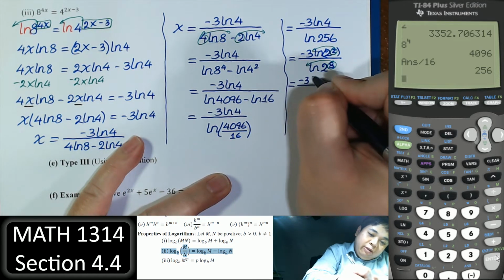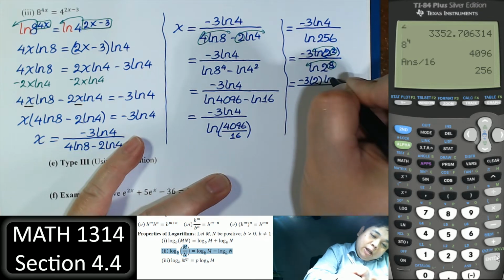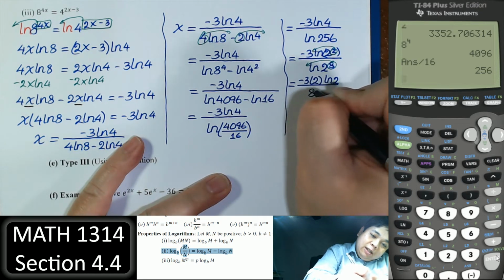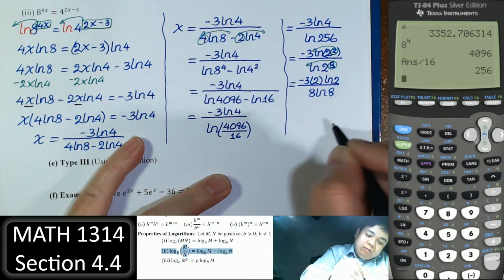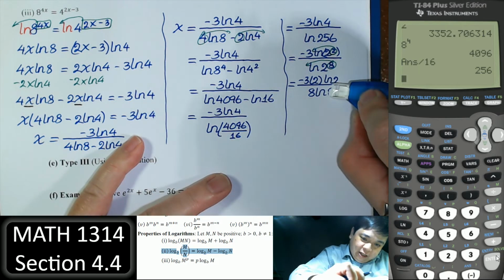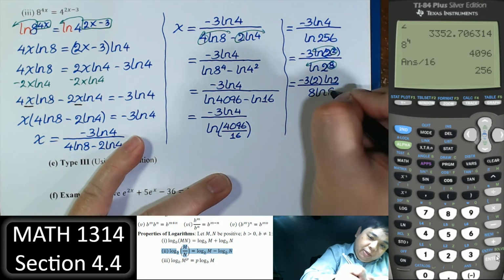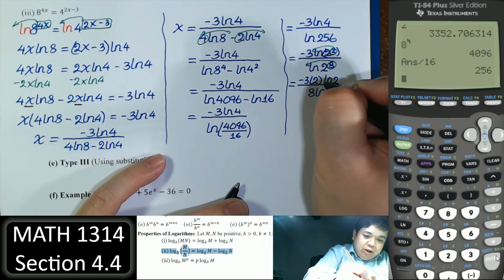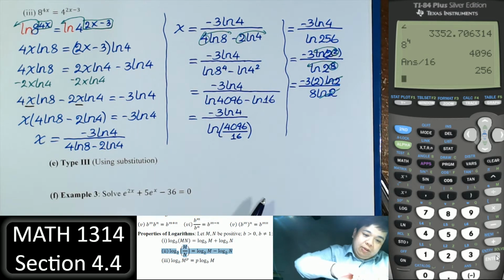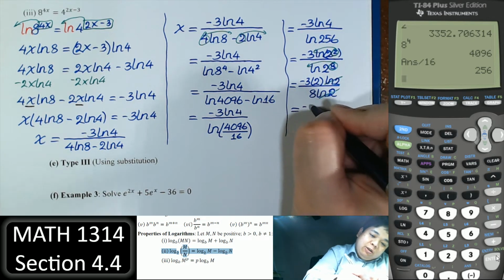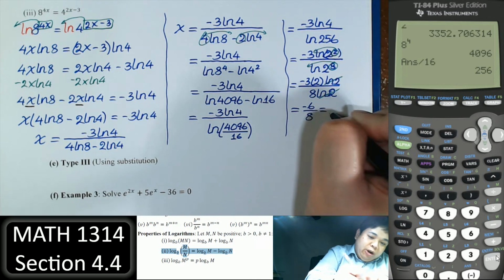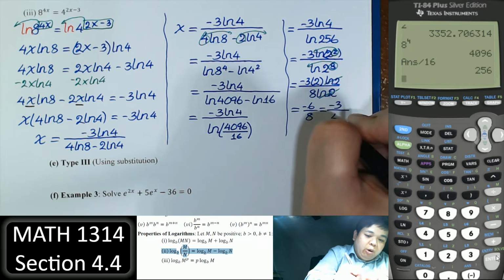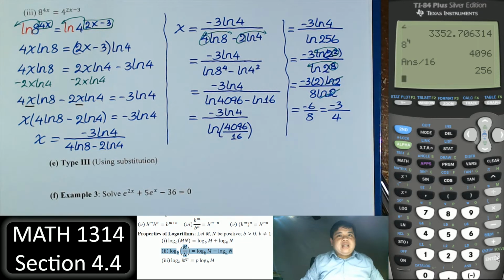So we have 2 times ln of 2 over 8 ln of 2, where we can cancel the ln of 2. Negative 6 over 8, or negative 3 over 4. Right, because that is exactly what we had before.